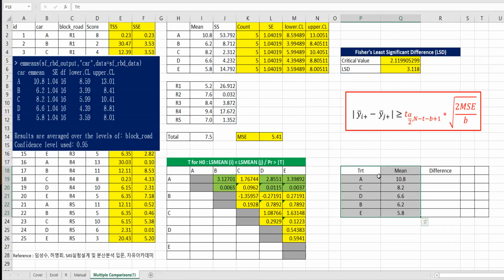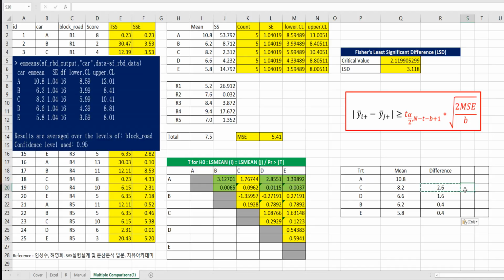Click OK. Then the order is A, C, D, B, and E. The difference between A and C is 1.6, and the difference between C and D is 0.4 and 0.4.